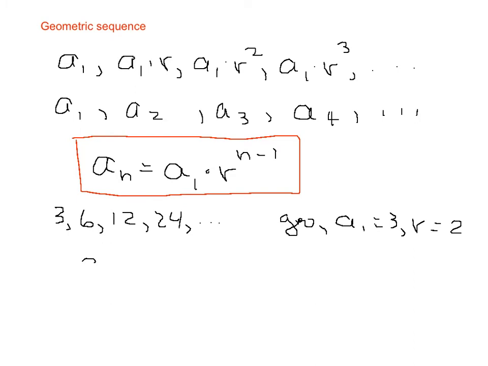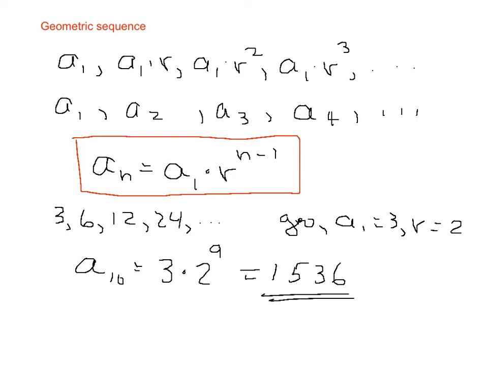And so, for example, if I want the 10th term, it's going to be a sub 1 times r to the 10 minus 1. And if you take out your trusty Inspire, you'll see that this is what you get. All right? Okay, let's move along.